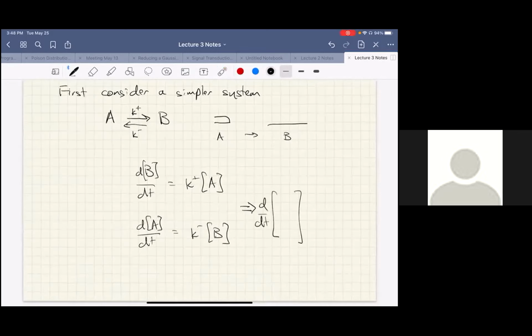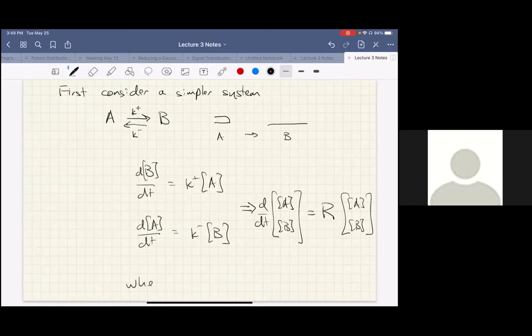So d by dt of A and B is equal to some rate matrix. Now, what I just mentioned, that's going to go into the rate matrix times the concentration of A and the concentration of B. So it's pretty clear how these elements fit into the rate matrix.